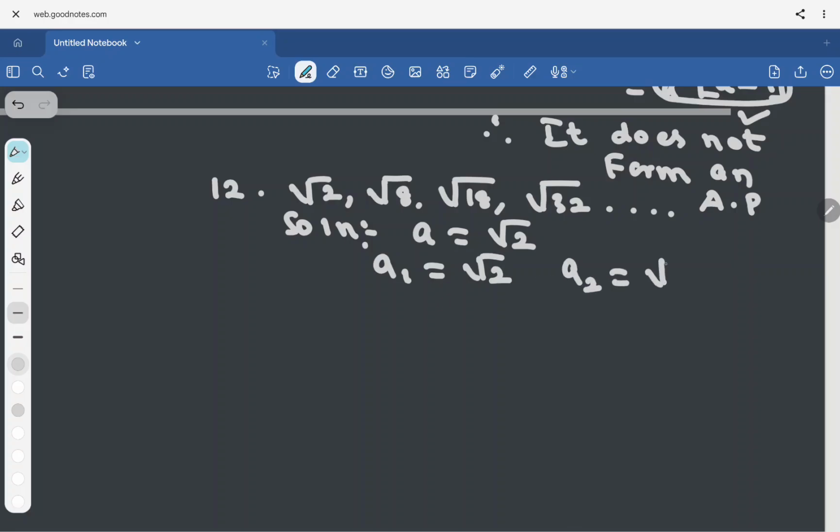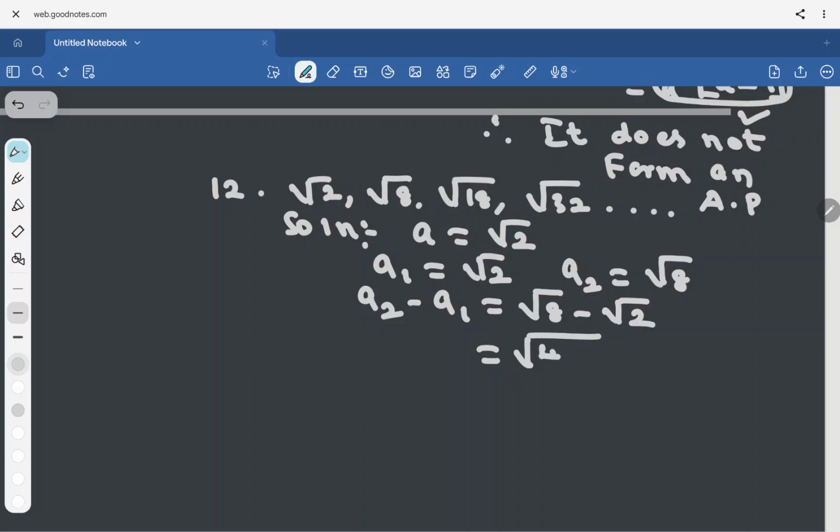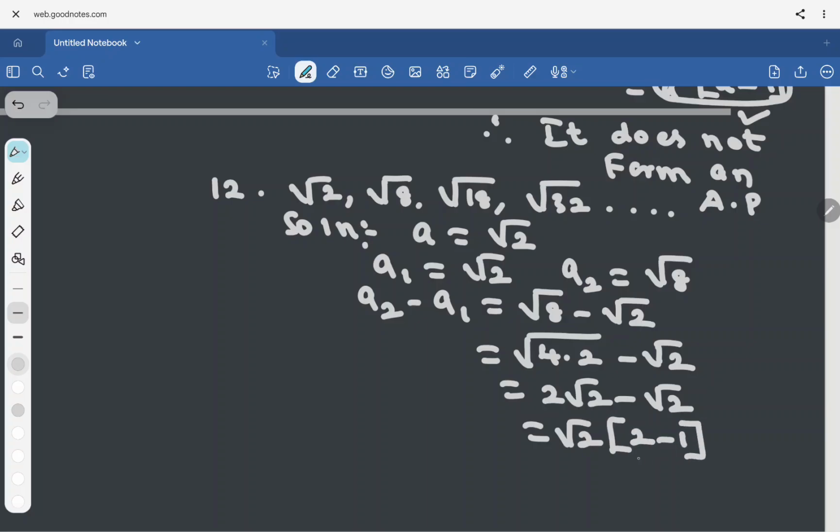What is a2? Root 8. Find difference. a2 minus a1, root 8 minus root 2. We can write root 8 as root of 4 into 2, minus root 2. Root 4 is 2, 2 root 2 minus root 2. Take root 2 outside, 2 minus 1, root 2 into 1, root 2.